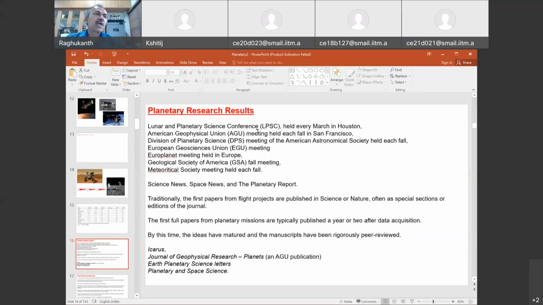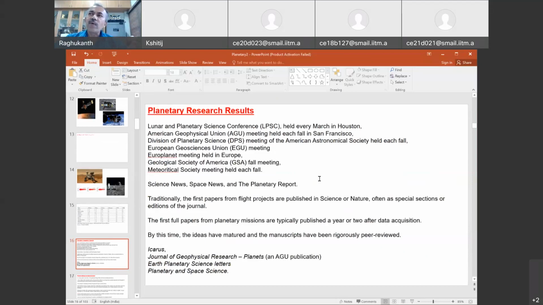Then there are the American Geophysical Union conferences, planetary science, EGU, Europlanet, Geological Society of America, Meteoritical Society. These results will be presented in these meetings, and then published in Science News, Space News, Planetary Reports. All the data will be reported once a mission has been successfully done.